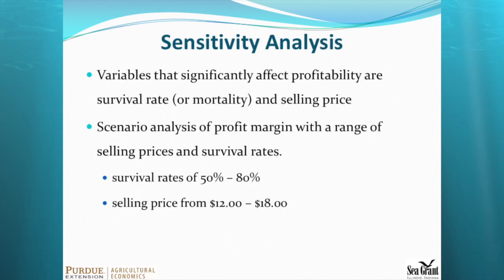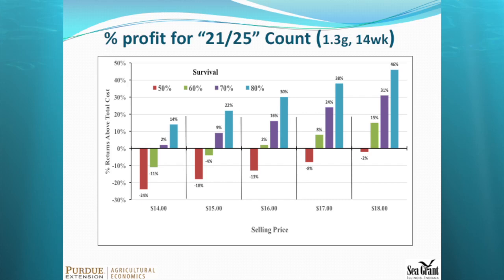Oh, okay, so this is some of the sensitivity analysis he did on that earlier operations. The 2 critical factors in success for an operation are going to be survival rates of your shrimp and the selling price, okay? So the survival rates are the various colors.